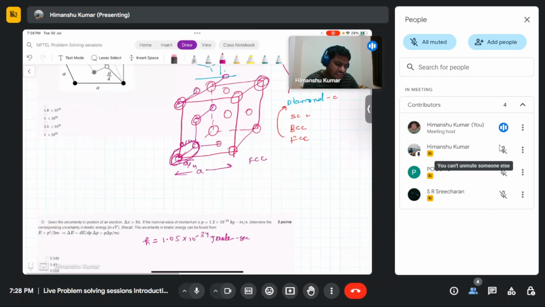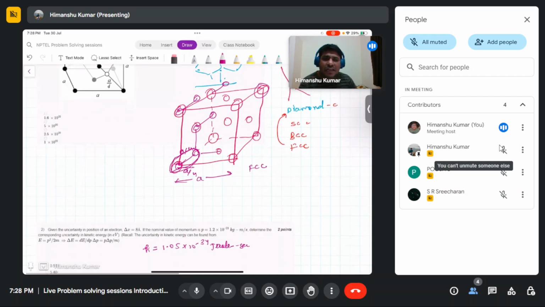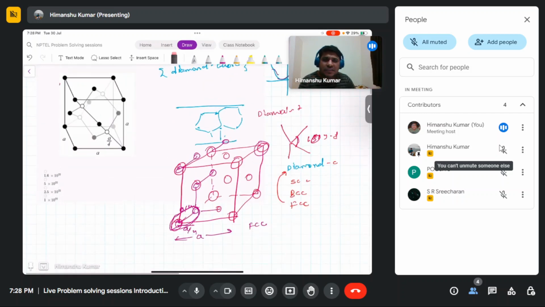But since silicon is also a group 4 element, lying just below carbon in the periodic table, it has similar properties, so it also follows the diamond cubic lattice structure.